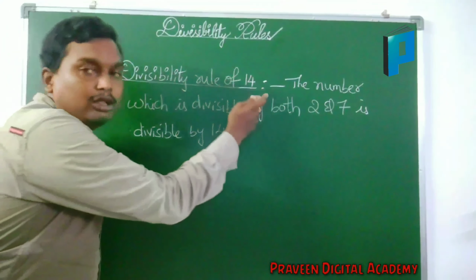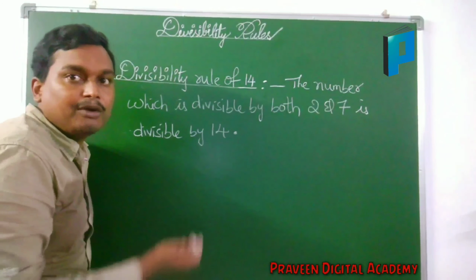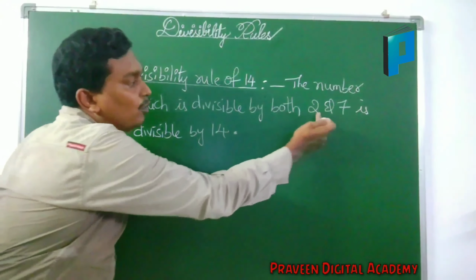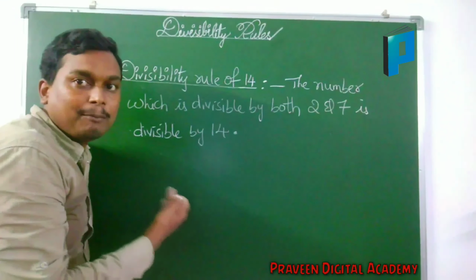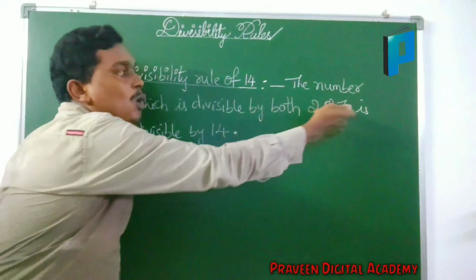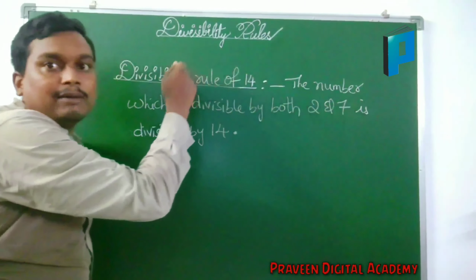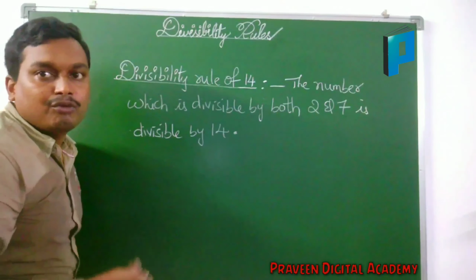Here the divisibility rule of 14 is that the number is divisible by both 2 and 7. If the number is divisible by 2 and 7 both, then the number is divisible by 14.